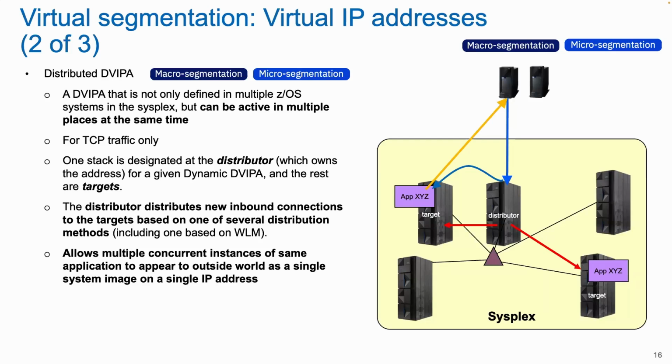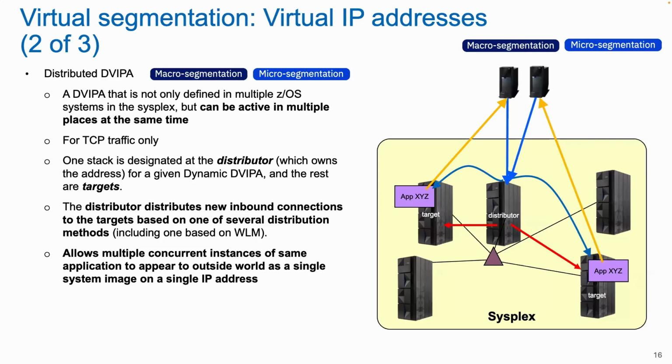Again, this can be considered microsegmentation because, for example, suppose you have a set of CICS regions running in your sysplex providing a specific service. If you use a sysplex distributor to target those CICS regions, then everybody who uses that IP address will get routed to one of those CICS regions, but that would be all that they're permitted to.